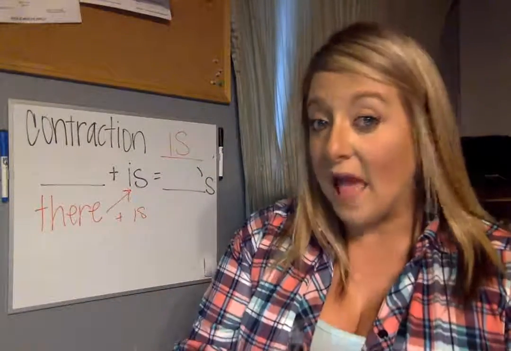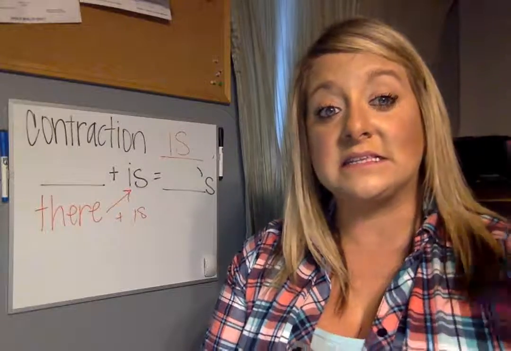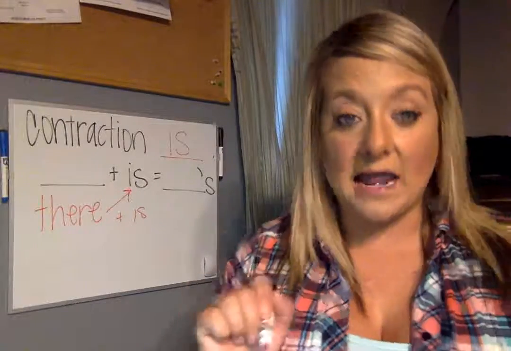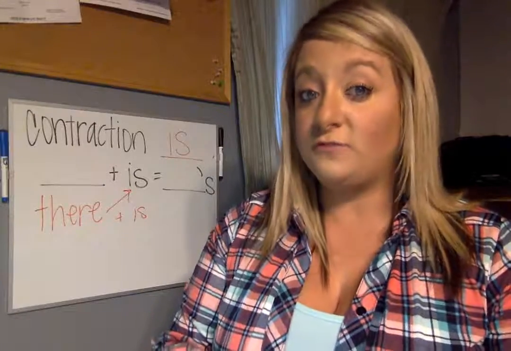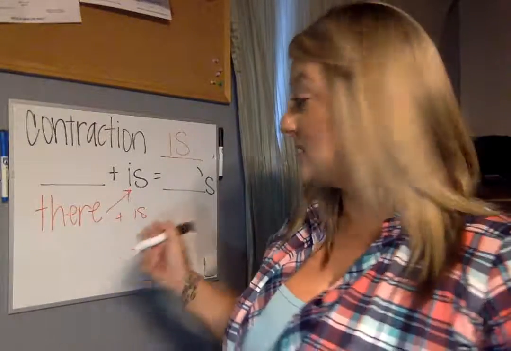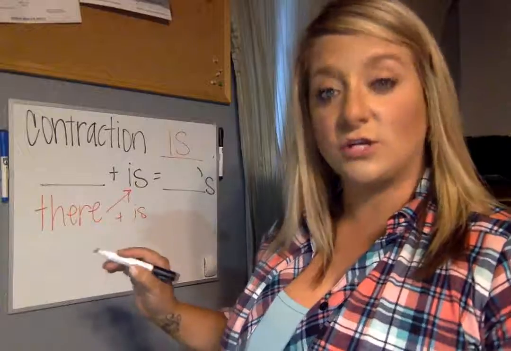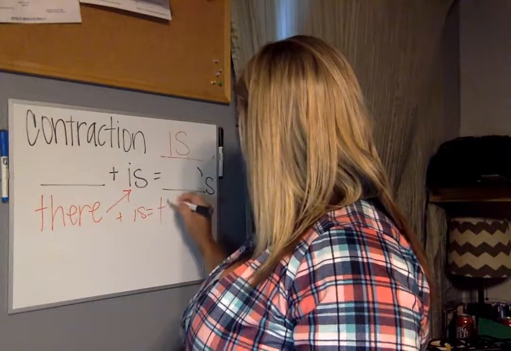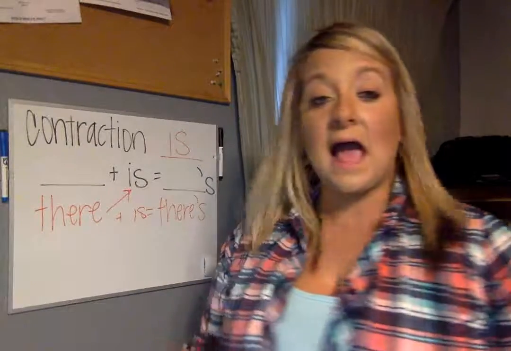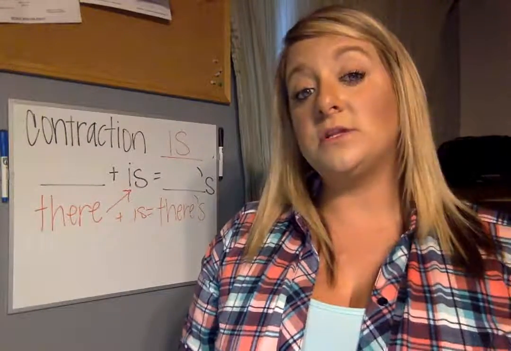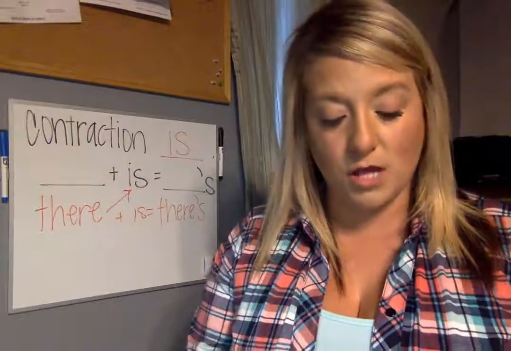When I contract it, I'm going to delete the I, add an apostrophe, and keep the S. So when the contraction is formed with there is, it would be there's. I didn't delete the S, I simply deleted the I and added an apostrophe.